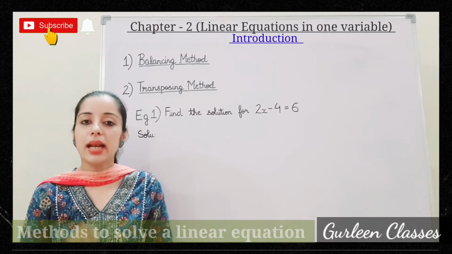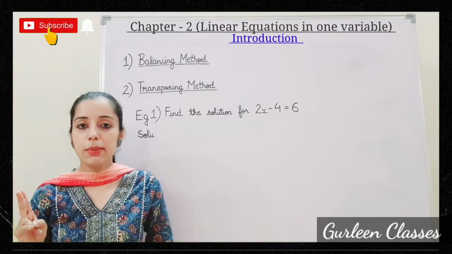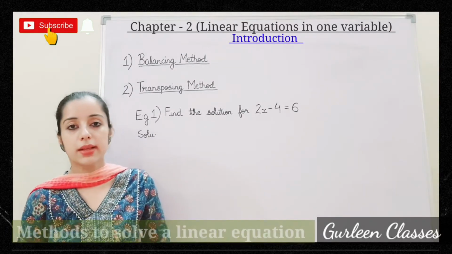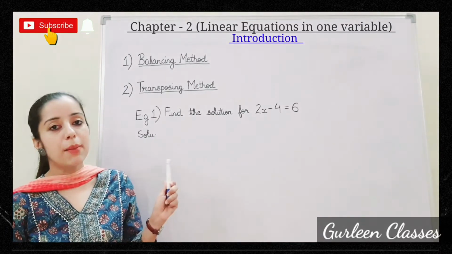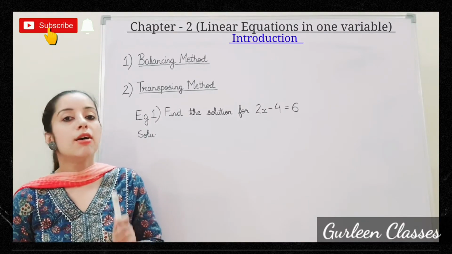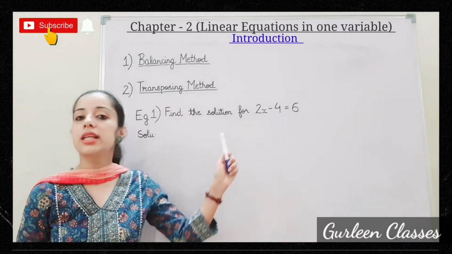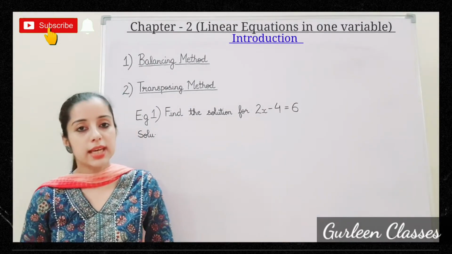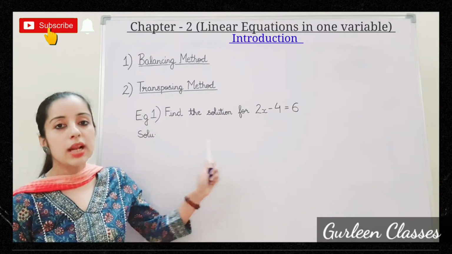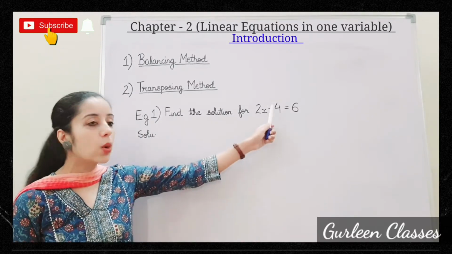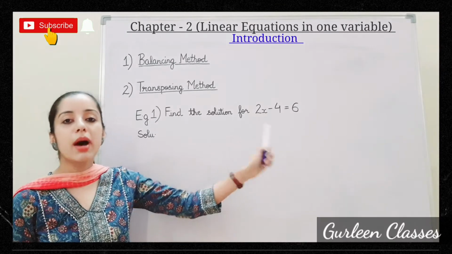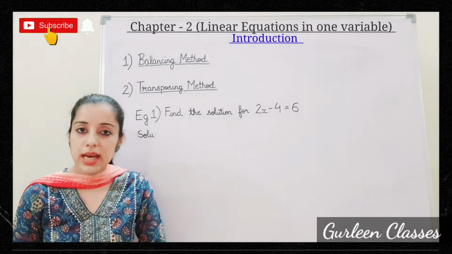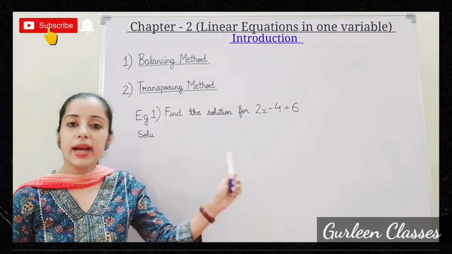First method, balancing method, and the second method is transposing method. Let us solve this example through both the methods. Find the solution for 2x minus 4 is equal to 6. It is an equation, as here you can see we have the equality sign. 2x minus 4 is in left hand side and 6 is on right hand side.